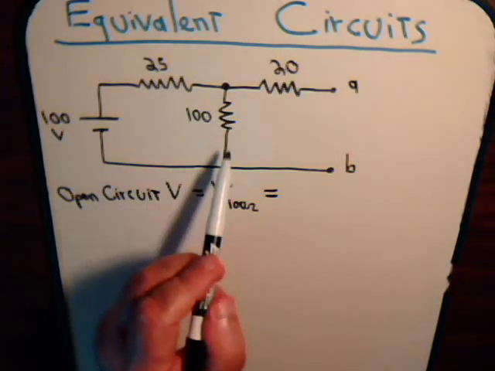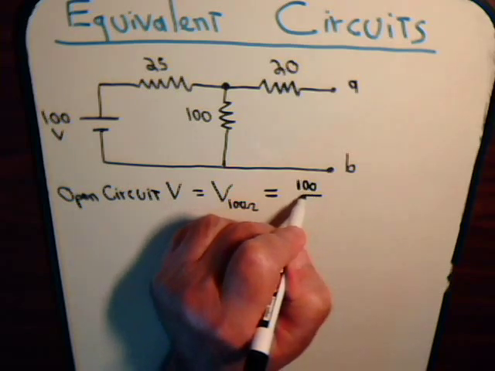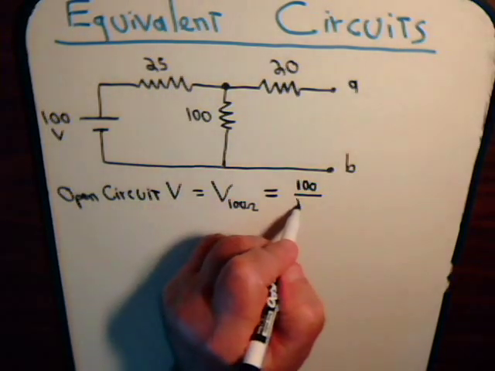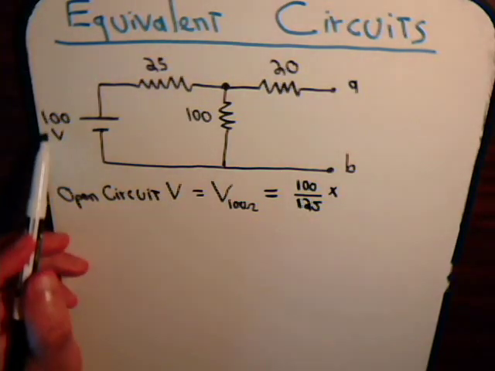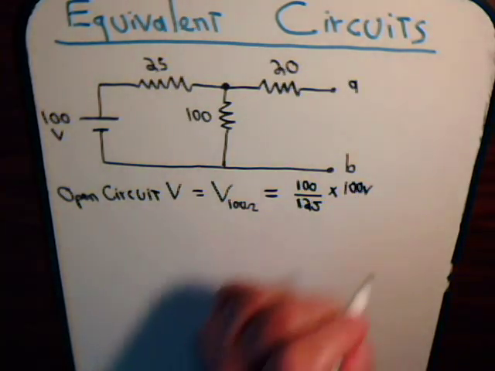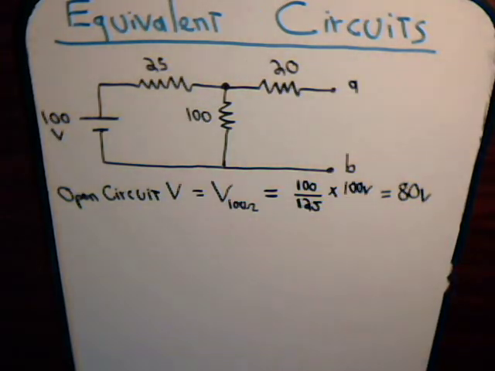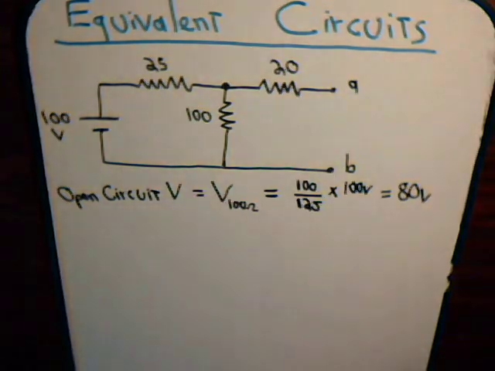The voltage drop across here is equal to the value of that resistor, 100, divided by the total resistance of this circuit, which is 125, times the voltage source itself, which is 100 volts, and that equals 80 volts. So again, with the circuit the way it is, if we took a potentiometer reading across these terminals, we would get a reading of 80 volts.